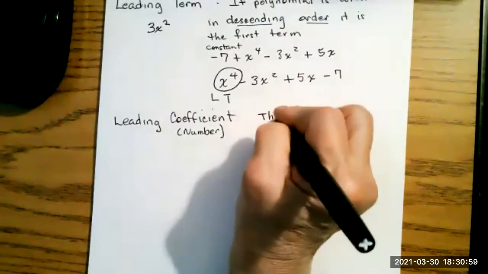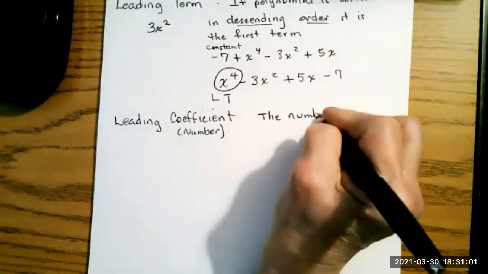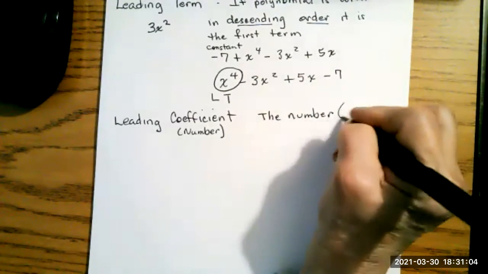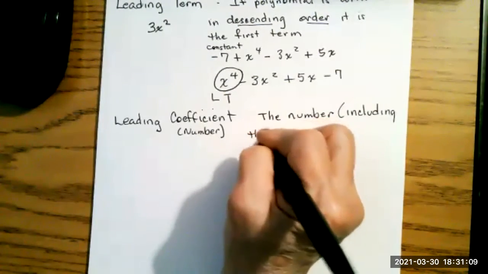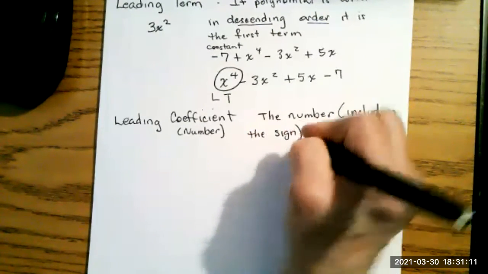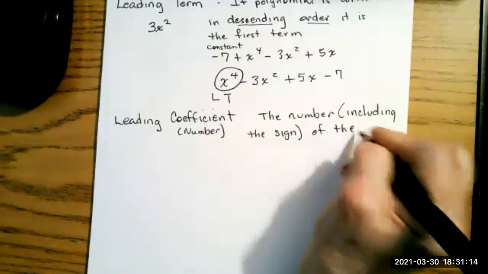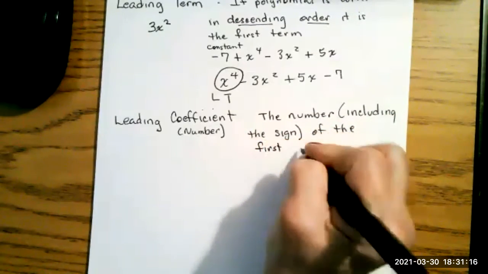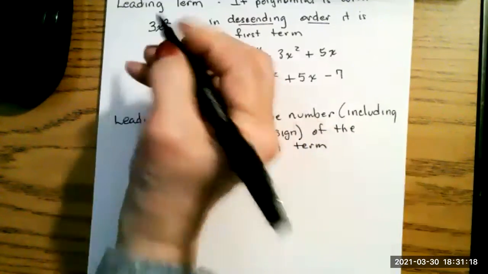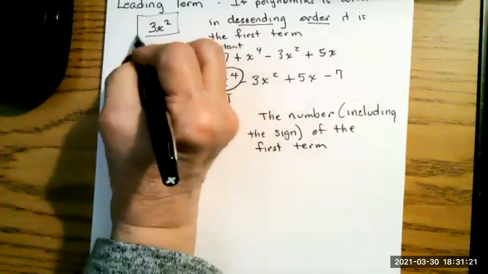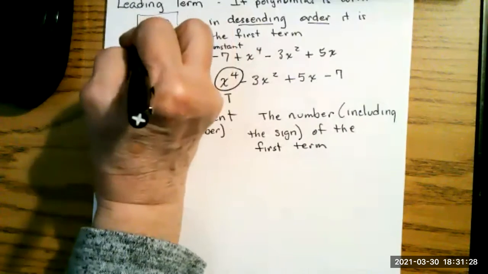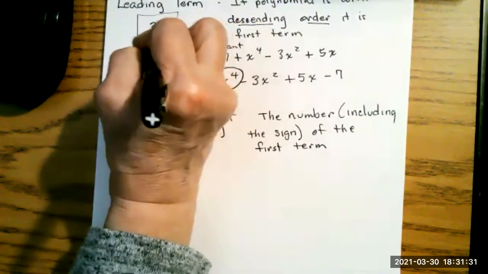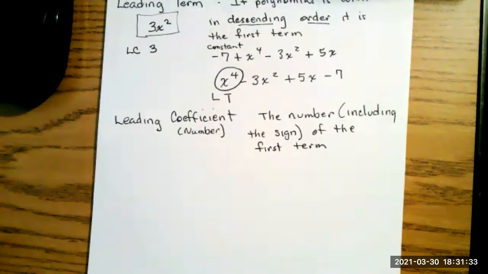So it's the number, including the sign, of the first term. If this is all I have for this one right here, and I don't have anything else added or subtracted, then for this one, my leading coefficient is 3. It's the number that's associated with that term.